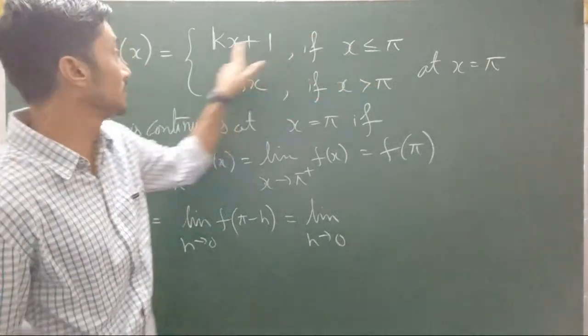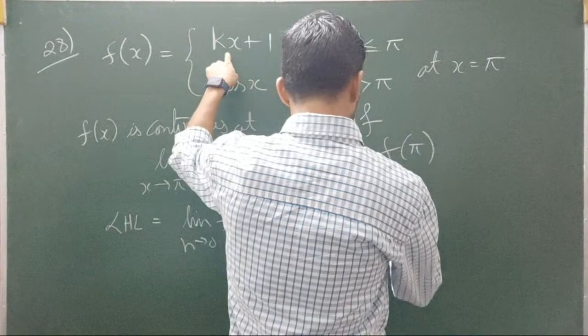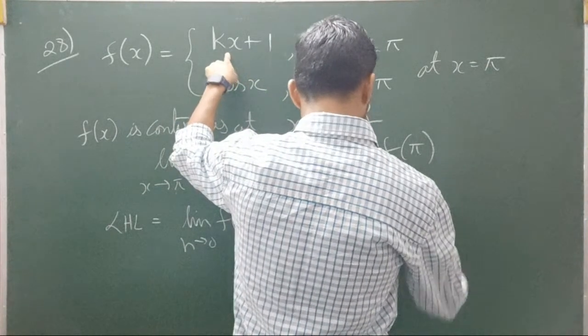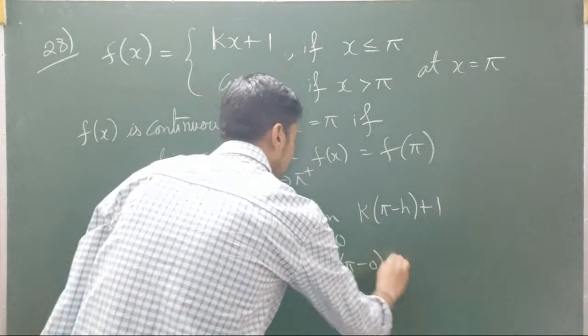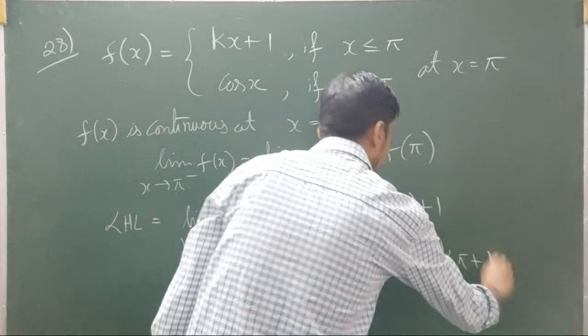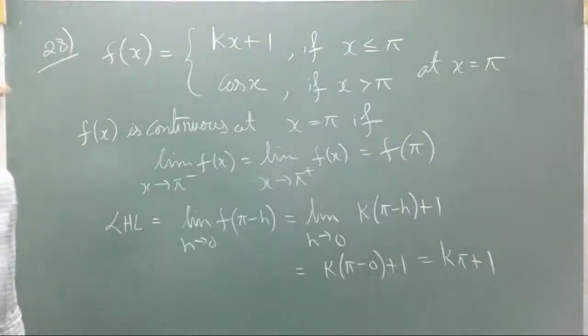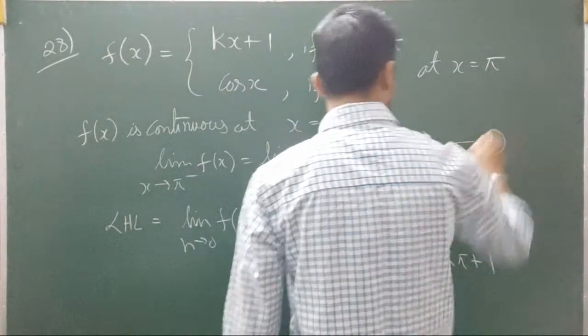Less than or equal to, kx plus 1. So that will be k into pi minus 0 plus 1, so that will be k pi plus 1. Of course, you can mark this as equation 1. That's what I was telling you.